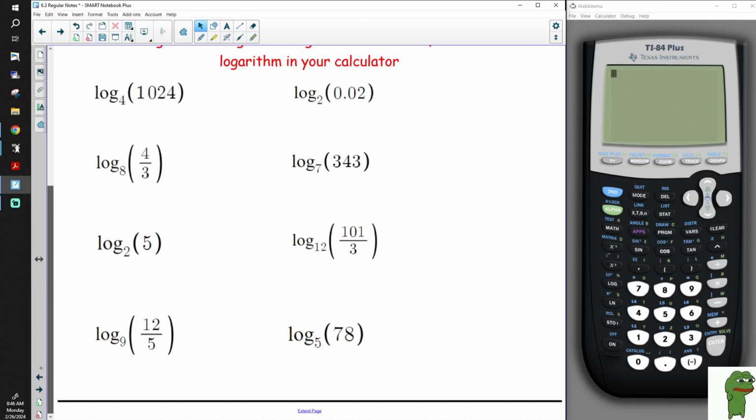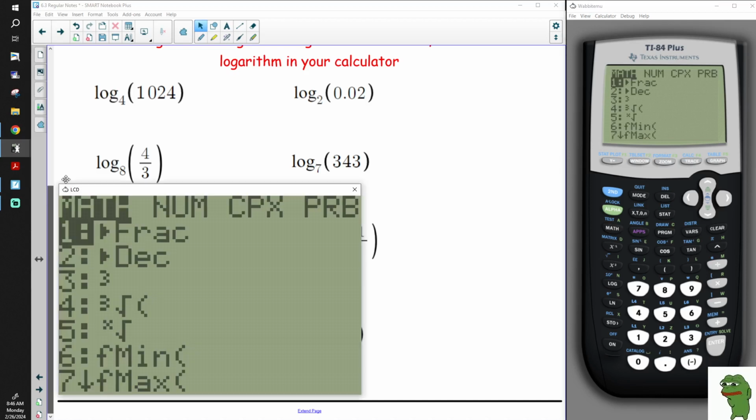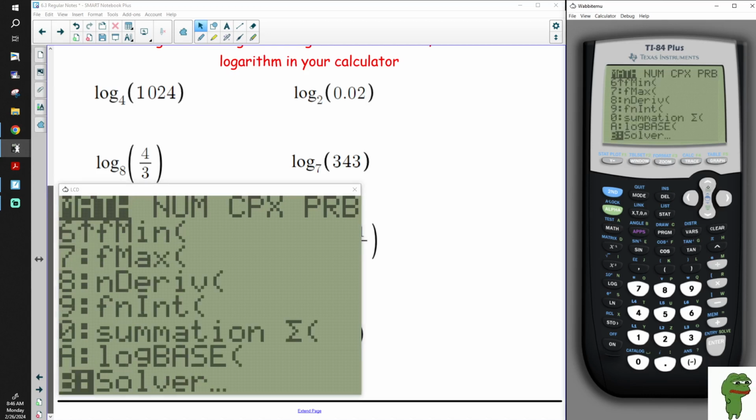I will show you the quick, easy way on our calculator, but you must watch and see the buttons I press. So watch carefully. If I am typing in this first one, log base 4 of 1024, I cannot use this log button, because that's log base 10. I need log base 4. I'm going to click Math and pull up my big menu. Here's my big menu. All the way at the bottom, I can just click the up arrow and I go down to the bottom.